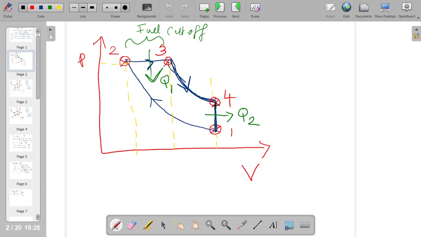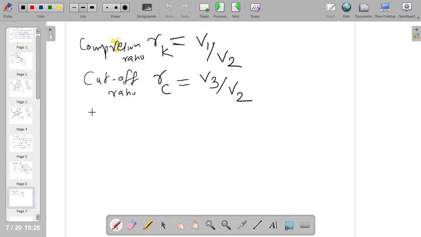So the expansion ratio, happening in this third process, is V4 by V3.